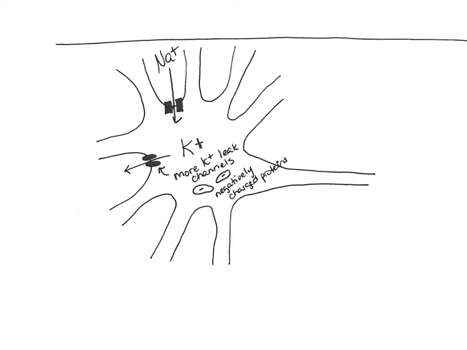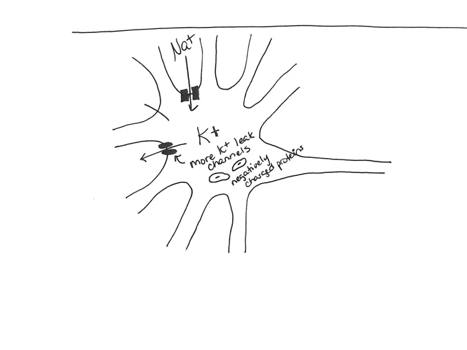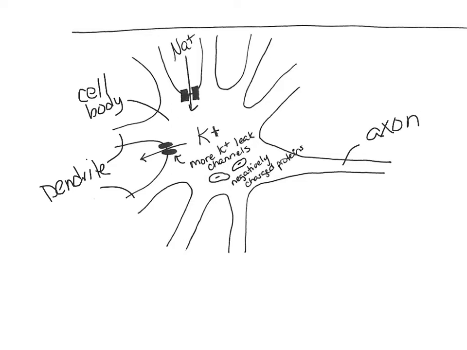This is the neuron. This is the cell body. So here's our cell body. These things right here, those are the dendrites. And then this thing over here, this is the axon.